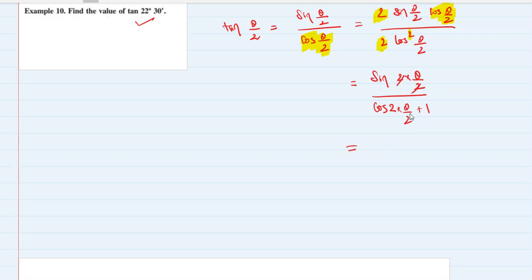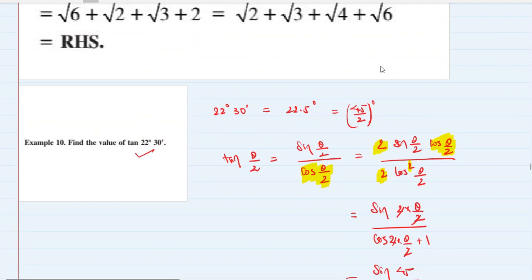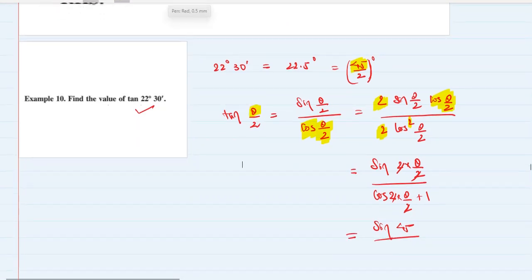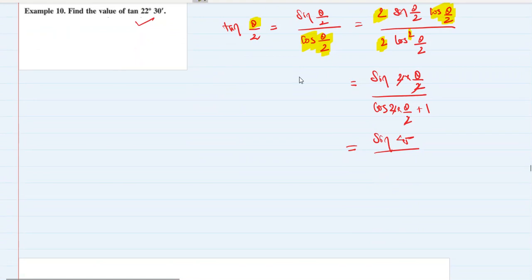So 2 will get cut over here, 2 will get cut here as well. So sine of theta, where theta is 45, I proved that. Theta is 22 degrees 30 minutes, which is 22.5, which is 45 by 2, and I'm using the tan theta by 2 formula, and theta is 45. Okay. So wait. I don't want to write it like this. See how I'm writing.